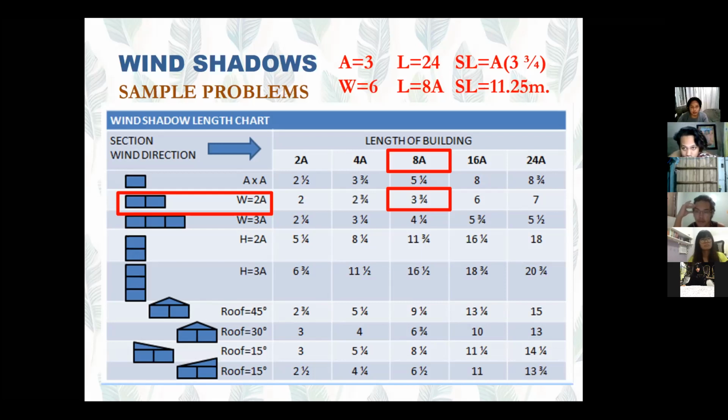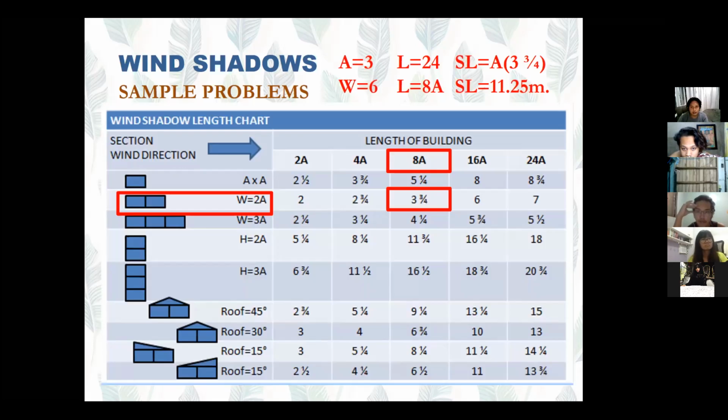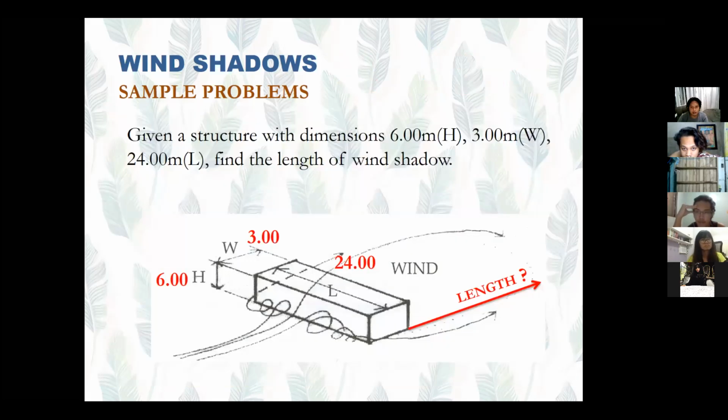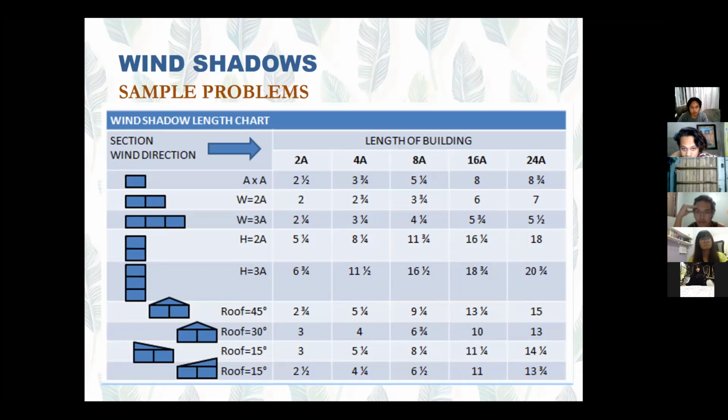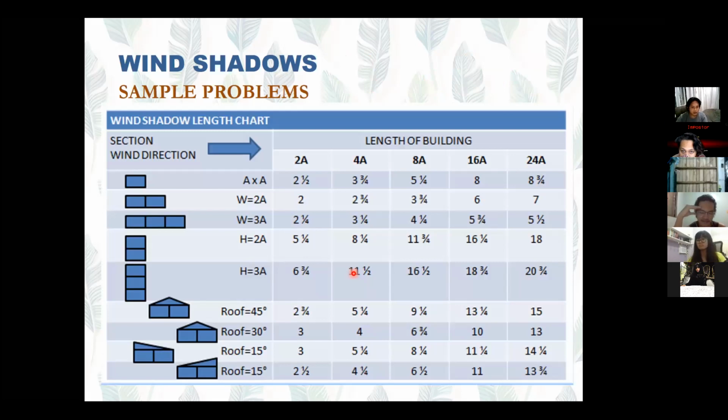Another example, ganun pa rin, pero 6, binaliktad ha. 3 yung width, 6 yung height, 24 pa rin yung length. Thus, height is equals to 2A. Baliktad ha, yung height.